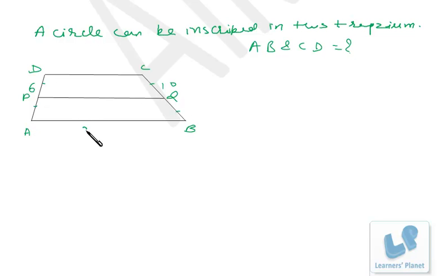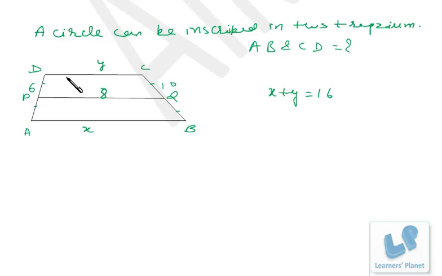Suppose this is X, this is Y, then X plus Y is 16, that is 10 plus 6. So precisely we want the breakup of 16, okay? Now this middle line, as I've already told you, is the arithmetic mean of this and this. So the length of the middle line is 16 by 2, we can say 8.